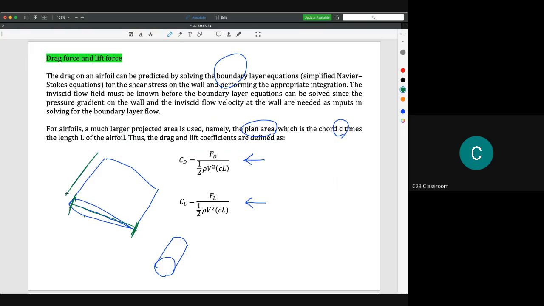So this is what we call the plane area. The common equation is F_D equals C_D times one half rho A U squared. In this case, we take A as C times L.